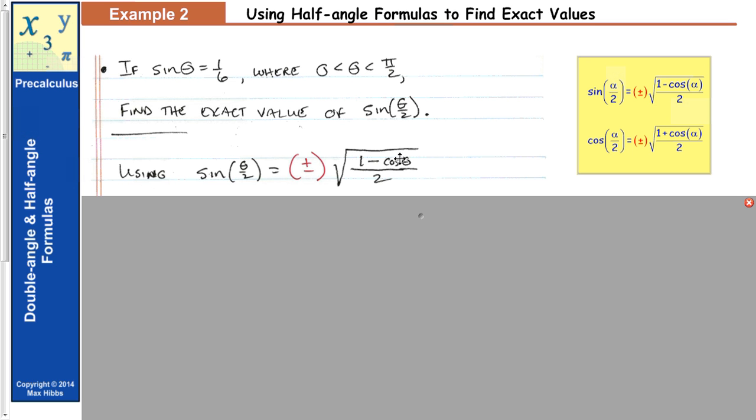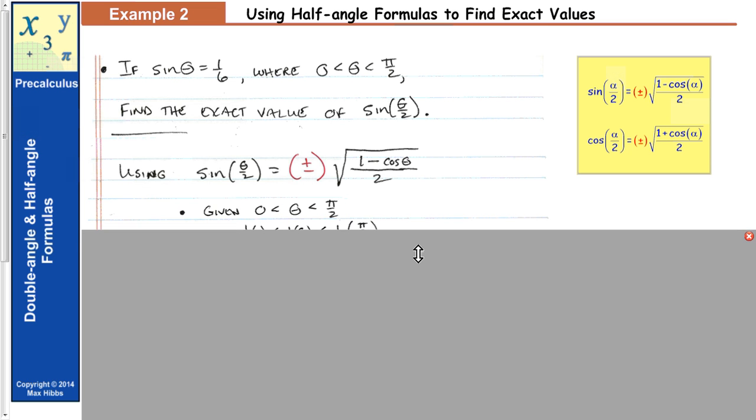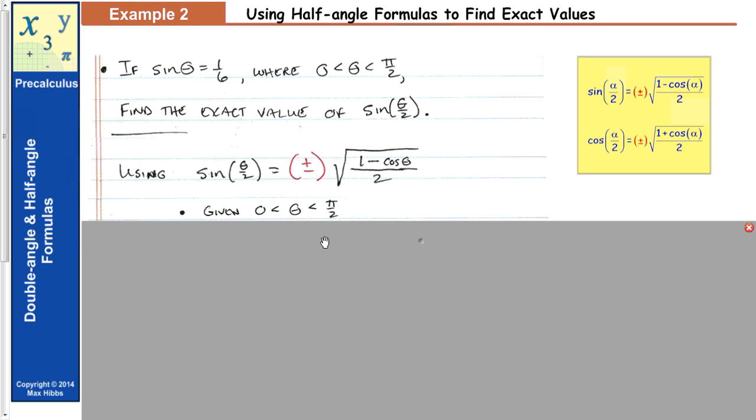We don't know the cosine of theta. We know the sine of theta, and so we're going to have to use this information to figure out what cosine of theta is.